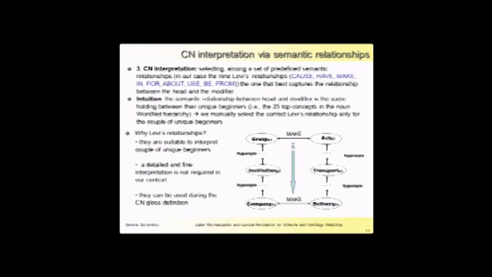This is a very simple example where we can see that for the compound noun delivery company, if we select the Levi relationship make for the unique beginner, by navigating the WordNet hierarchy, we can automatically infer the same relationship for the compound noun.